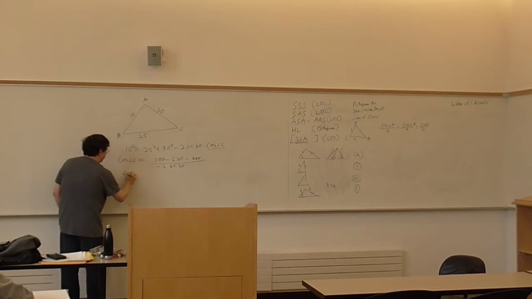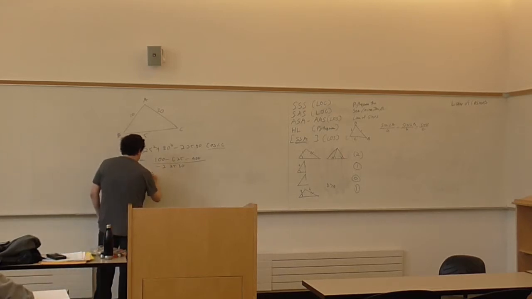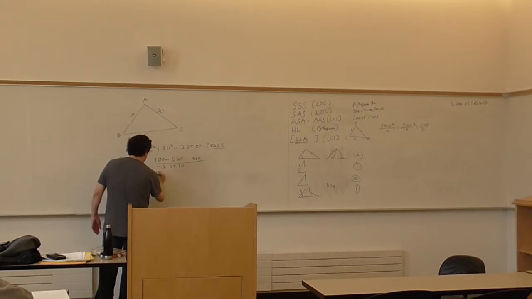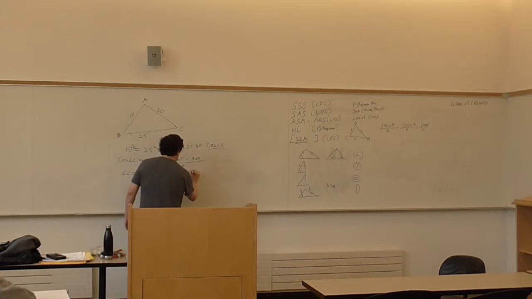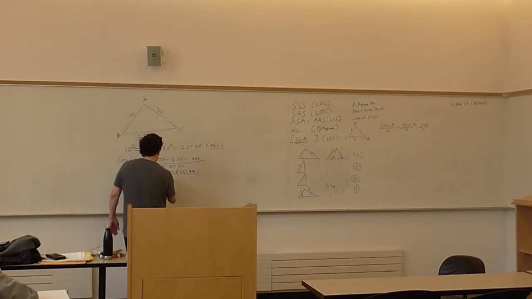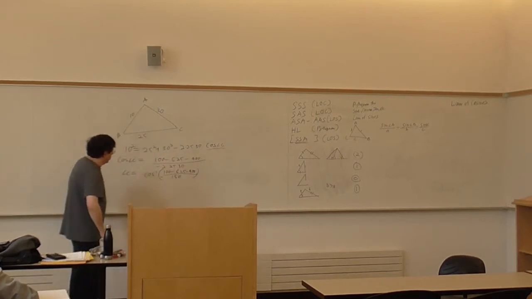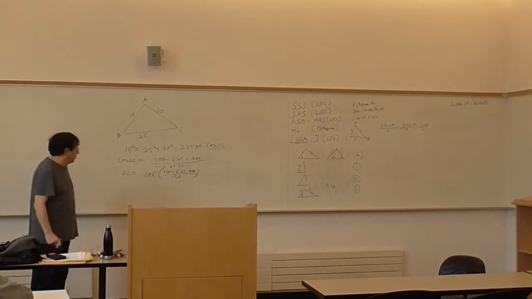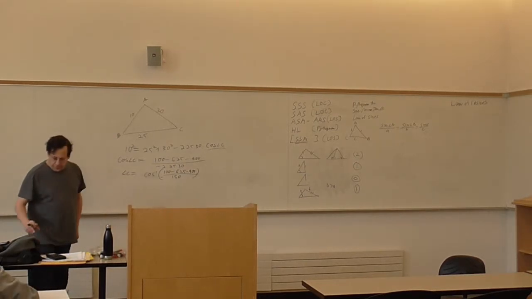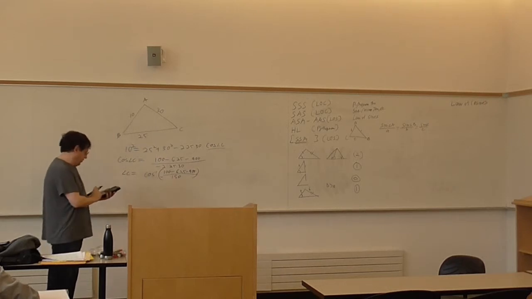Or the angle C is just the inverse cosine of that value. Minus 50 times 30 is 150. That's a perfectly fine answer if we don't actually need the value, but since we're going to go on, I guess I should do that.